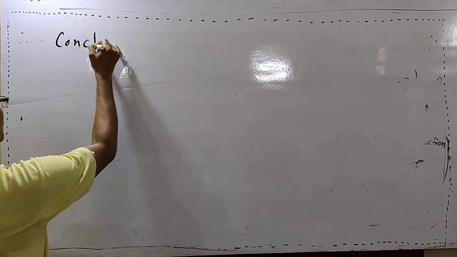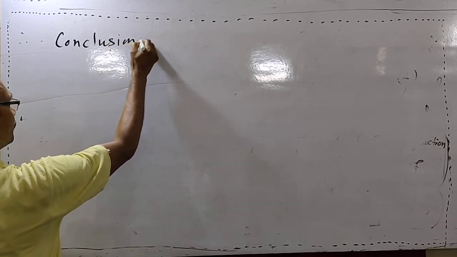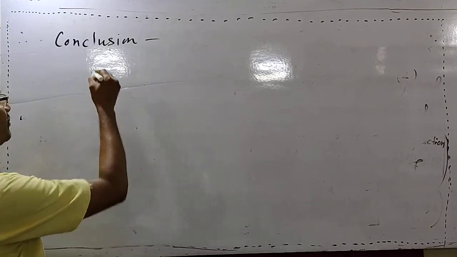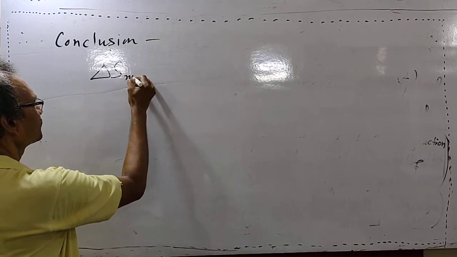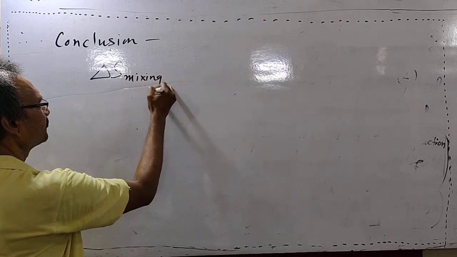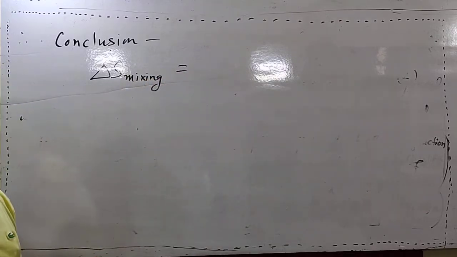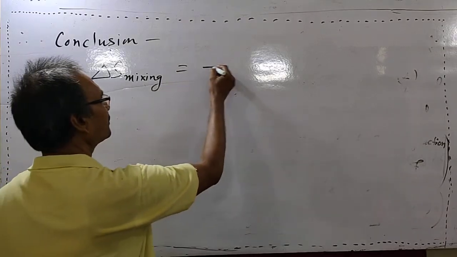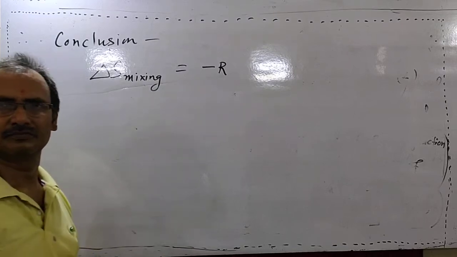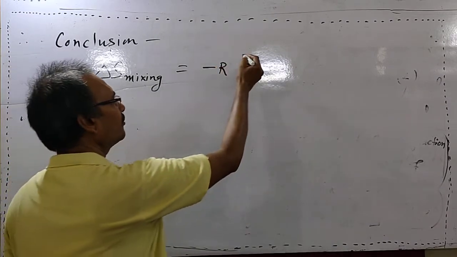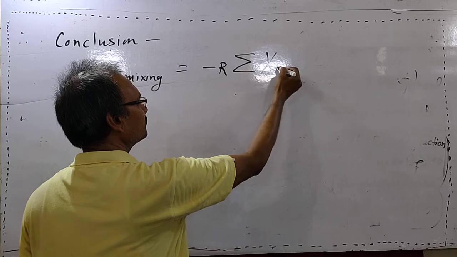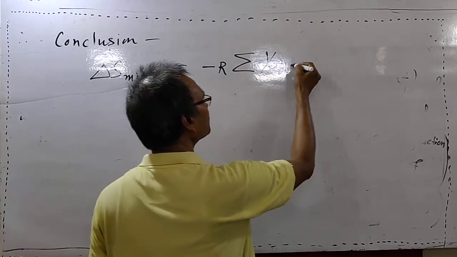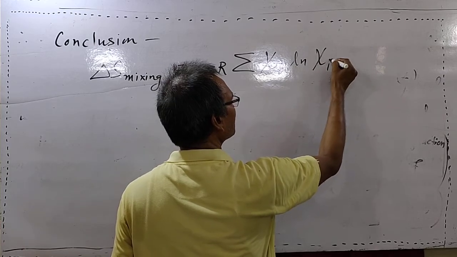Conclusion: Delta S mixing is equal to minus R summation of chi_I ln chi_I.